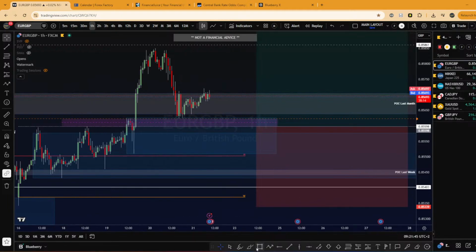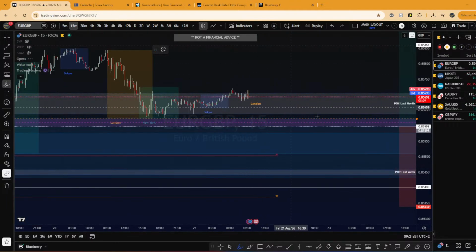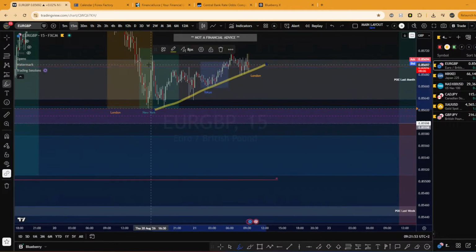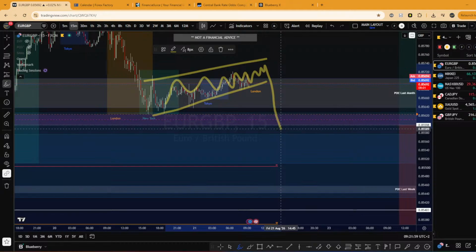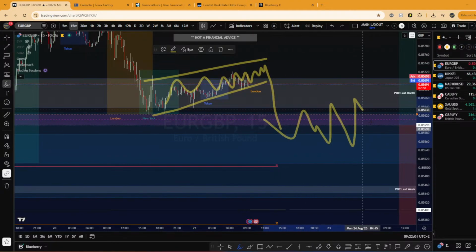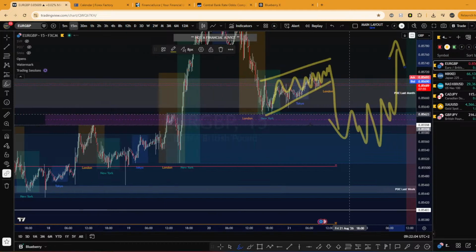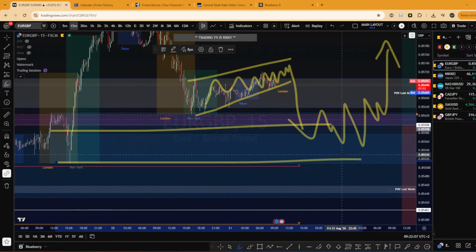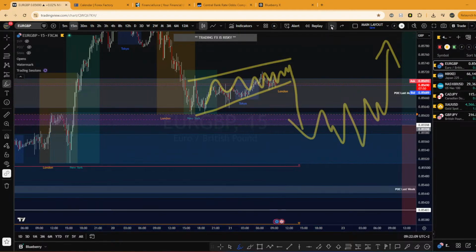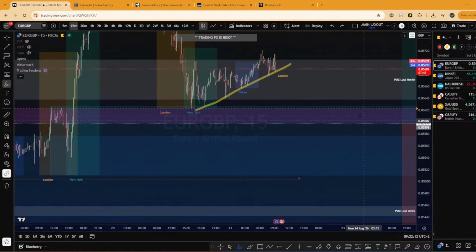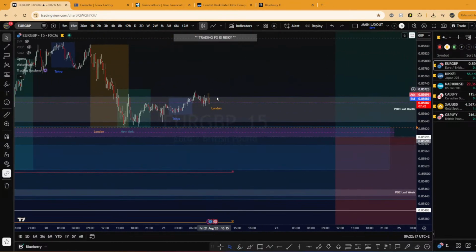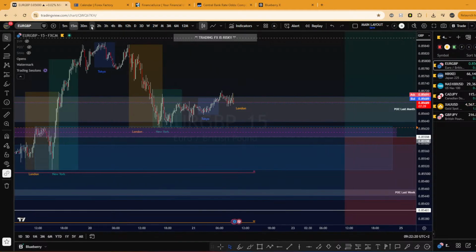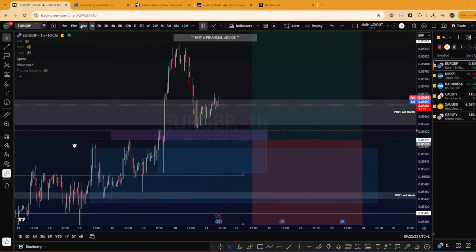See, we could potentially, let me go to the 15 minutes, so something like that: an ascending channel and then another drive lower before having a change of structure and start to buy again around this demand right there. So this is what I'm looking for. So yeah, I will keep my eye on Euro GBP, which I found the most interesting one for today. So let's see.